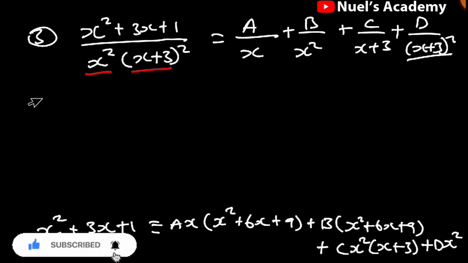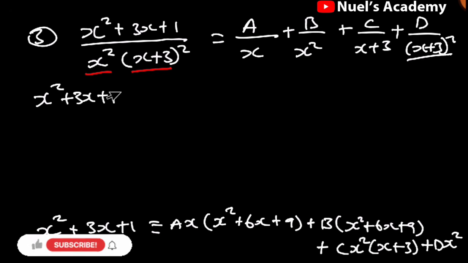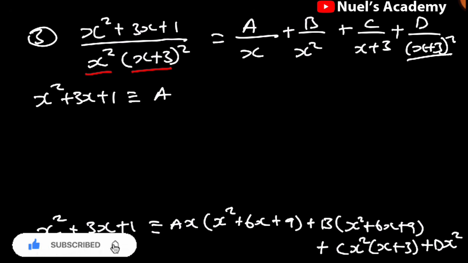So we're going to have x squared plus 3x plus 1 is equivalent to, let's multiply out, Ax times x squared is equals to Ax cube, plus Ax times 6x is equals to 6Ax squared.